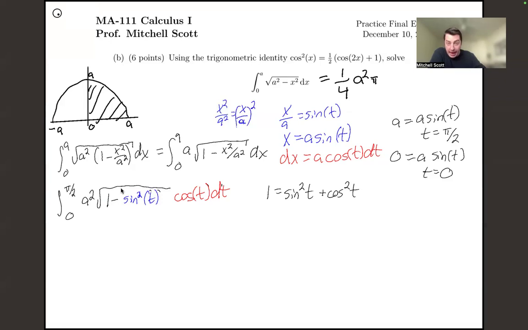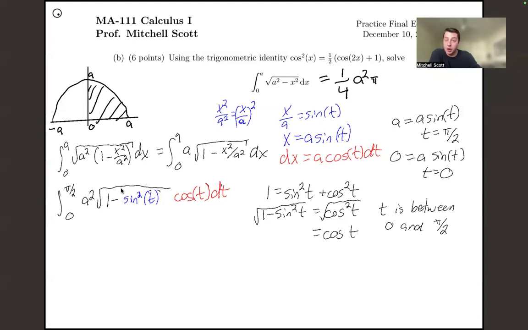Okay, going back to this though, what we're going to do is subtract sine squared of t on both sides to end up with cosine squared t. And then if we take the square root, we end up with exactly what we want. And because t is between 0 and pi over 2 here, which means that cosine is only positive, this just equals cosine of t.